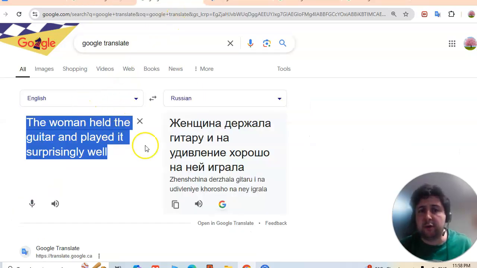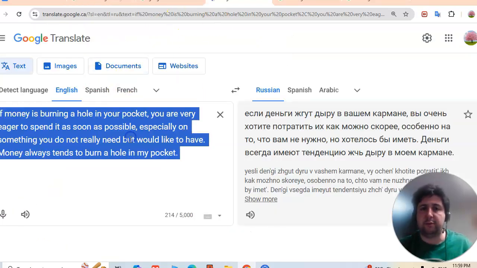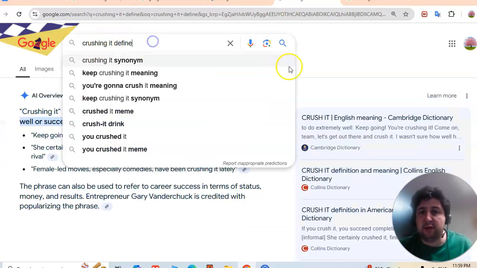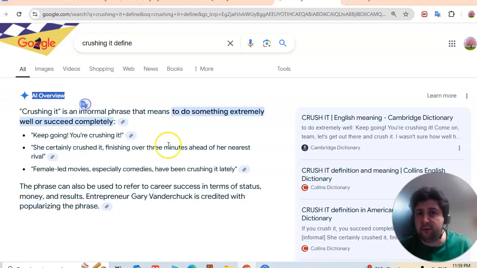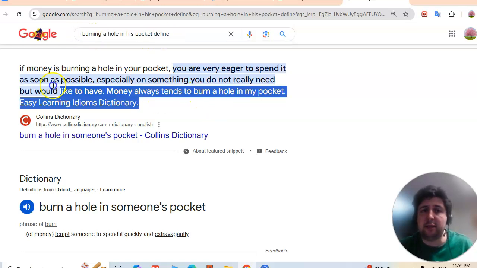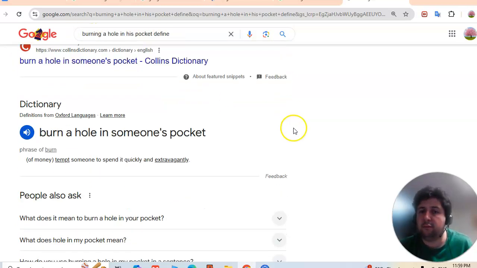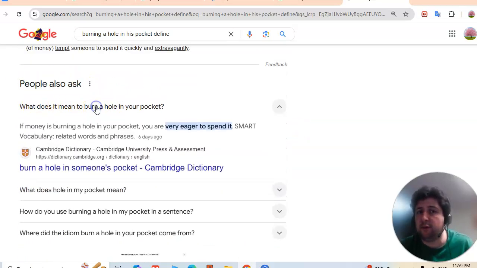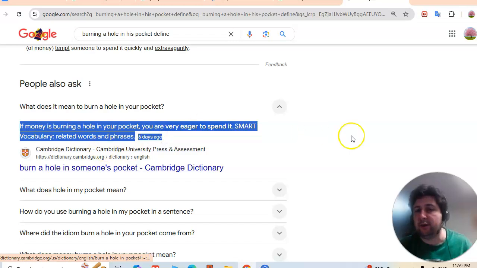You have Google Translator 1 and 2, 2 is preferred. You have using the word define and using the AI overview in conjunction with Google Translator, or you take the whole idiom, type in define, and just use the first one. Or you can also use the people also ask, what does it mean to burn a hole in your pocket? And it gives you a dictionary link.